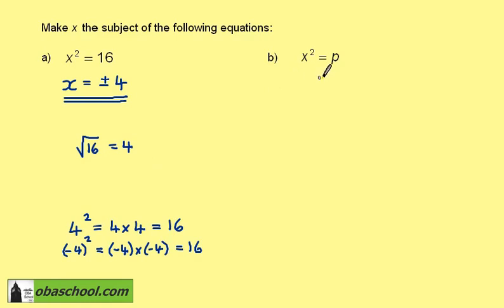So if we now consider x squared is p, x must be equal to plus or minus the square root of p.